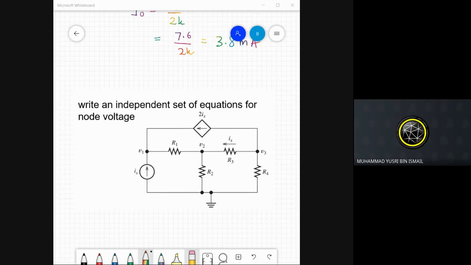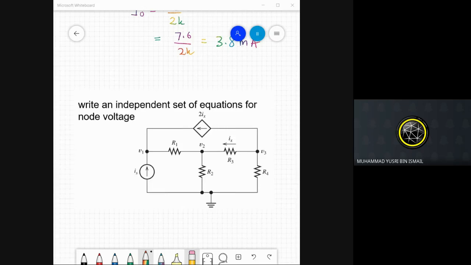Yang untuk 2Ix tu macam mana buat persamaan dia? Okay, bagus. Siapa yang tanya ni boleh saya tahu nama? Sarah. Sarah, okey. Bagus, maksudnya Sarah alert. Okay, untuk 2Ix ni kalau kita tengok current flow ada pada R3.